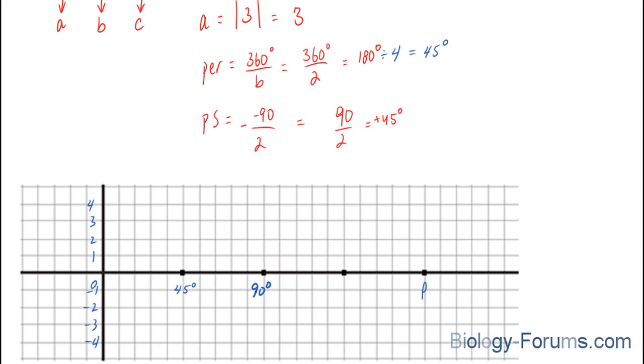This would be 90 plus 45, which is 135. And here you would have a point at 180. So that's why it's very important to know what your b value is, because it helps you find your period, which subsequently helps you find these points.